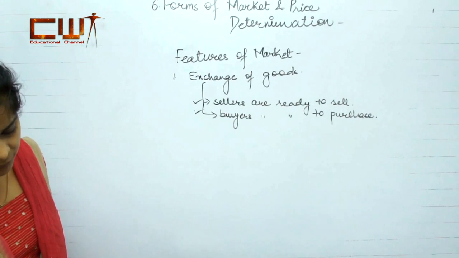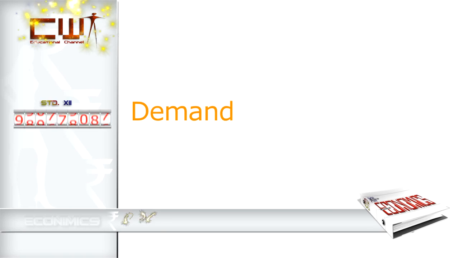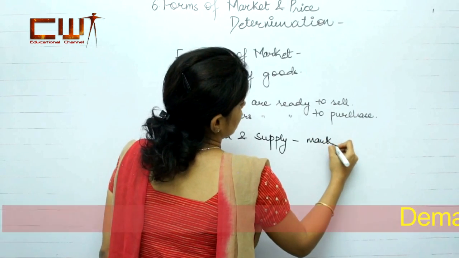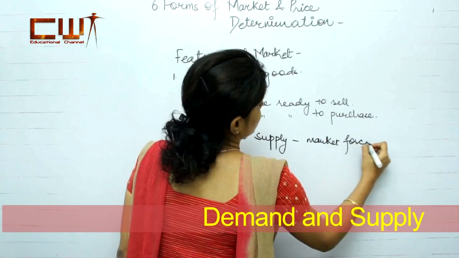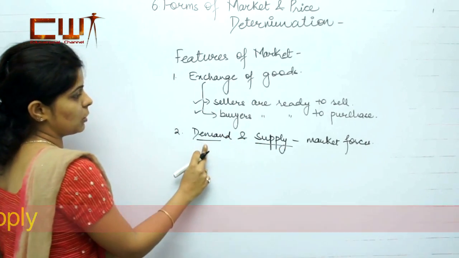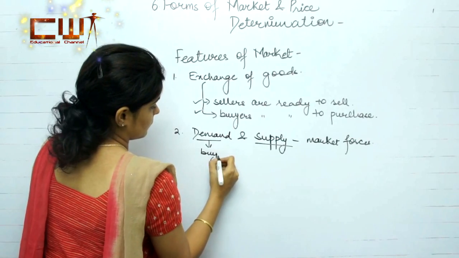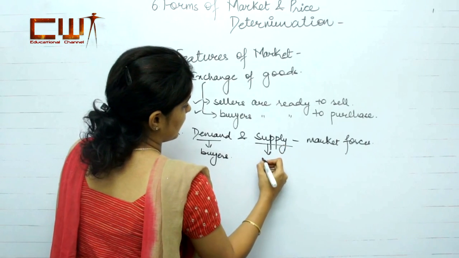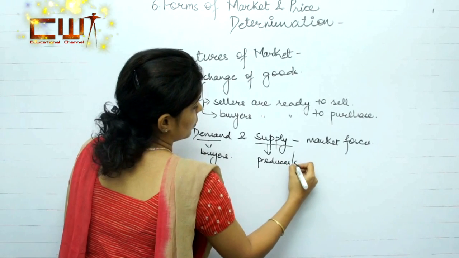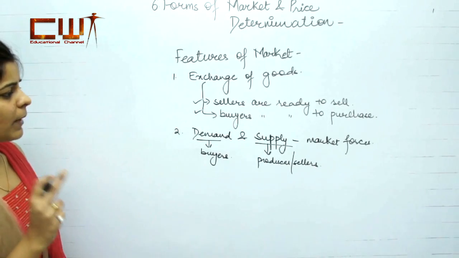The next feature is demand and supply as the market forces. There should be a demand from the buyer's end and there should be a supply from the producers or the seller's end. These are the two market forces.